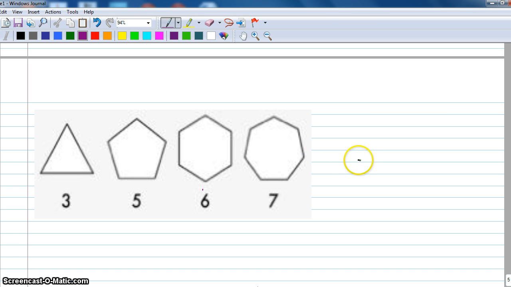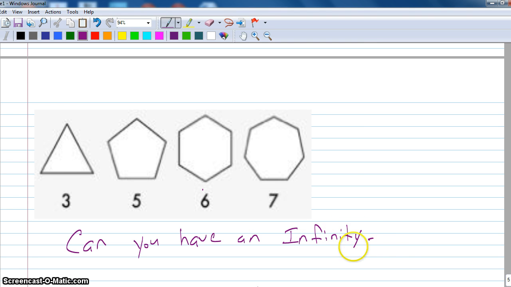If you keep on, does it ever stop? That's one question. Does it ever stop? And the big question, can you have an infinity-gon? If so, what does it look like?